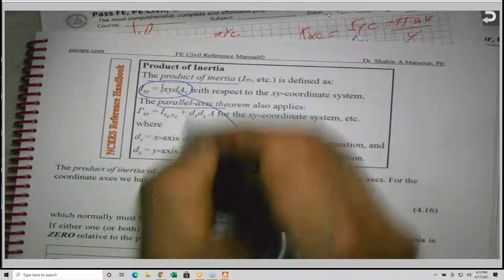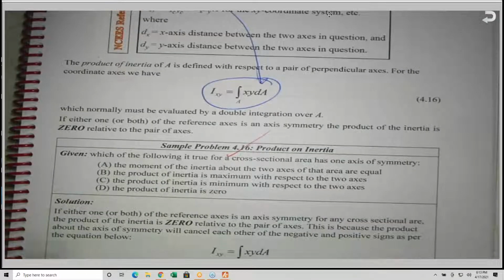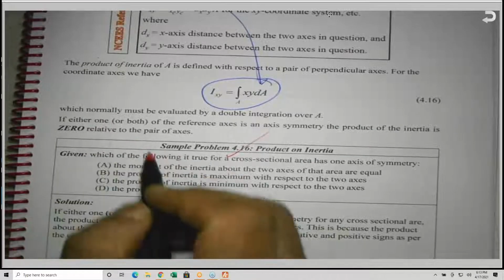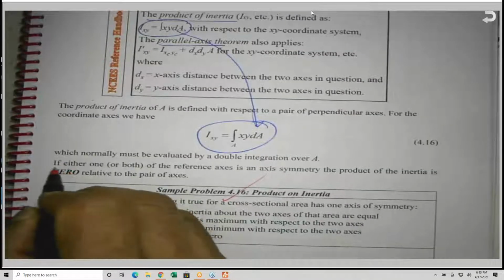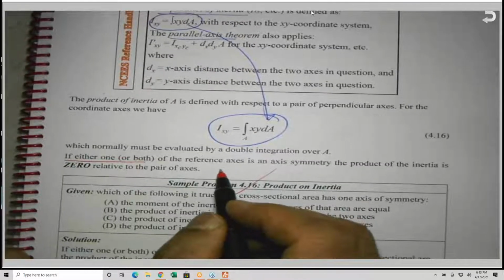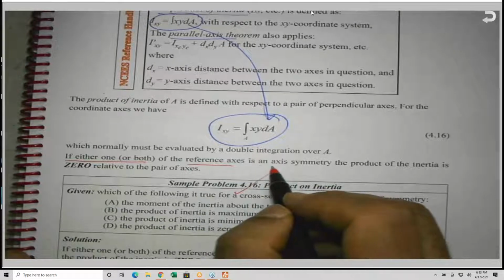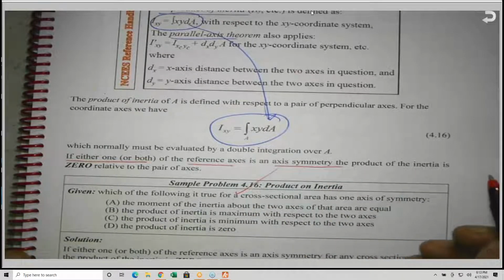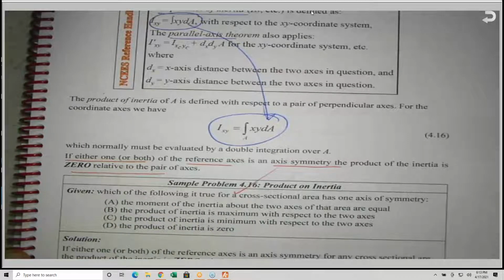I repeat it again with a little bit of explanation. I need you to remember something very, very important: if one of the reference axes is an axis of symmetry, the product of inertia is going to be 0.